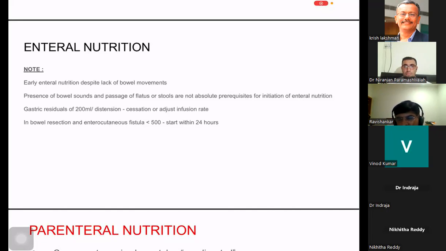Usually, as you said, 14 to 20% protein, 50 to 60% carbohydrate, and 30% fat is the usual formula. As the patient starts eating, you reduce the enteral feed slowly and then stop as the patient's normal eating takes over.